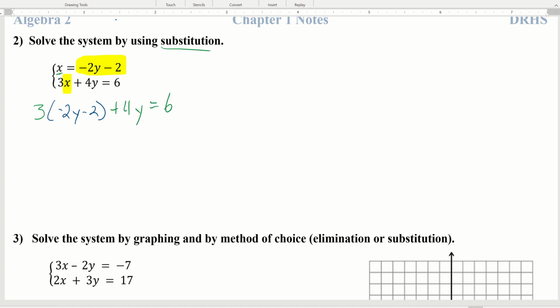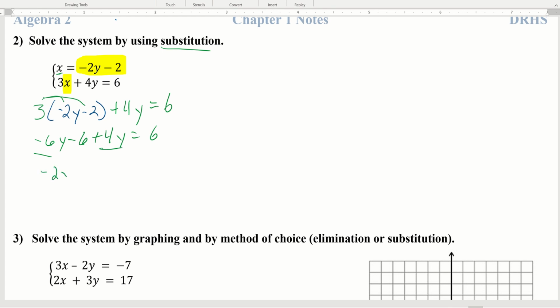And once I've done that, now I'm going to solve, right? So I distribute in, I use our buddy PEMDAS or SADMEP, right? So I'm on the same side, so I'm going to use PEMDAS. So negative 6y minus 6 plus 4y is equal to 6. I'm still on the same side, so I just combine like terms.